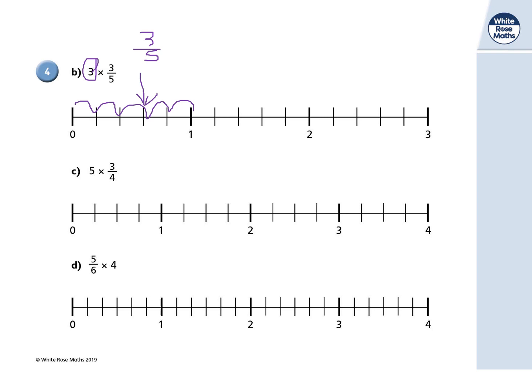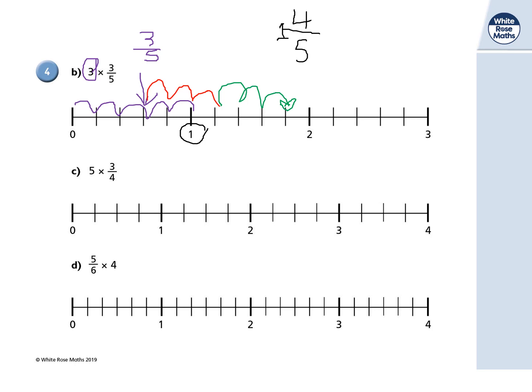Then we count 1, 2, 3, and another 1, 2, 3. So 3 times of that. The answer is supposed to be 1 as a whole number, since we got 1 here, and 4 over 5.